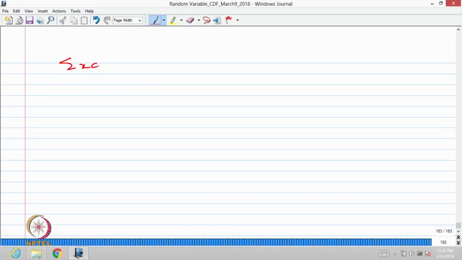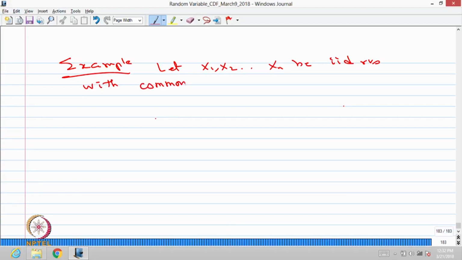As an example, let x1, x2, xn be IID random variables with common probability density function.